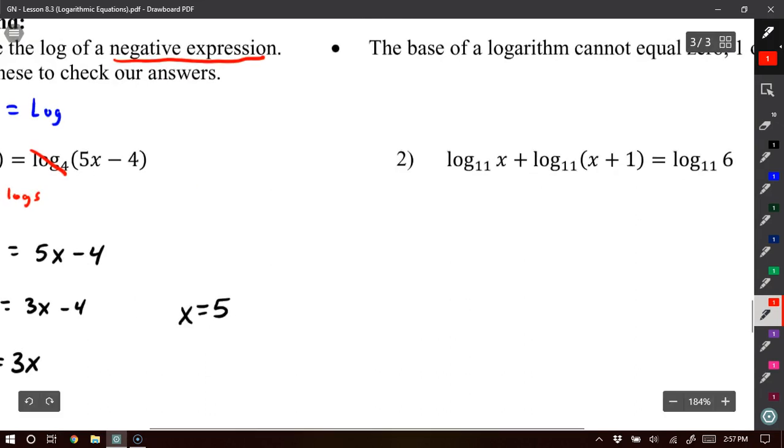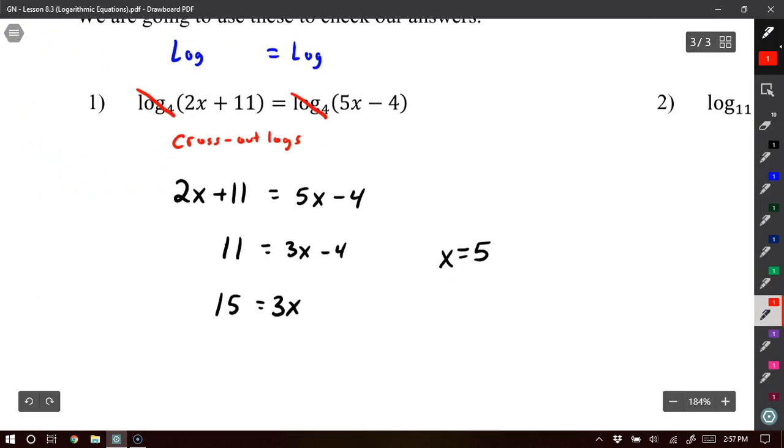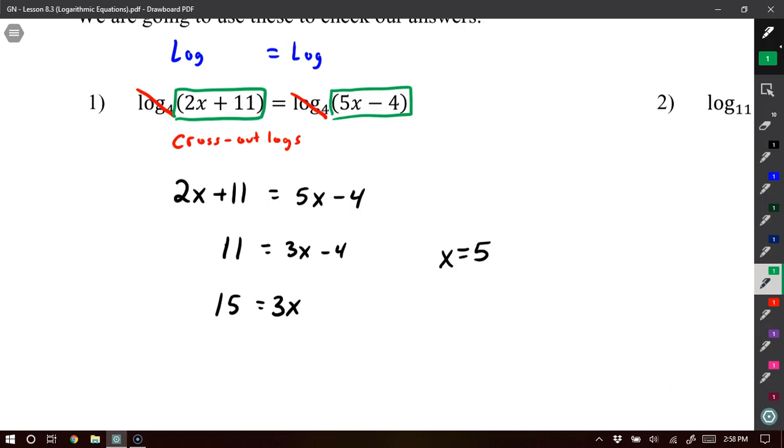So I always want to plug my number into the parentheses, just the parentheses here, and check: do I get a positive expression? I do 2 times 5 plus 11, I'll put it off to the side, 21. That's positive. That's good. I can take the log of a positive.